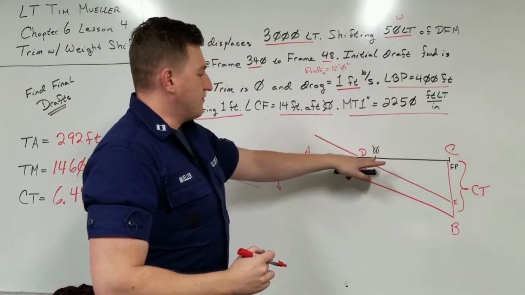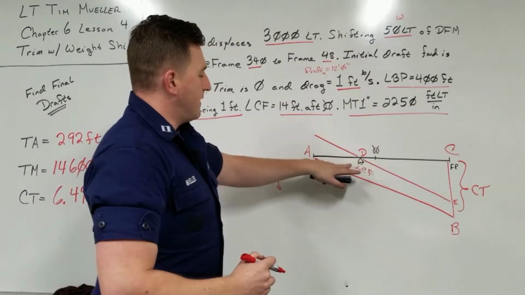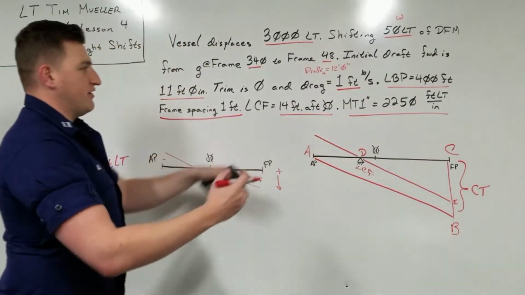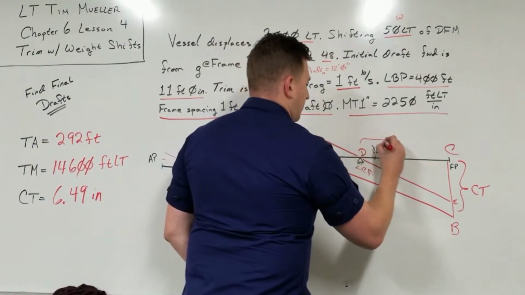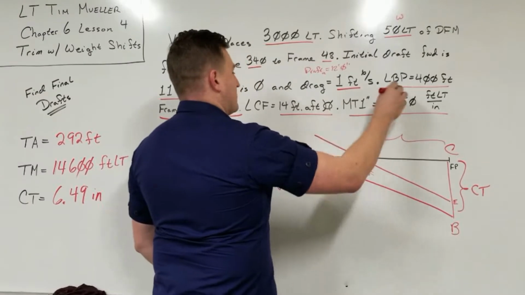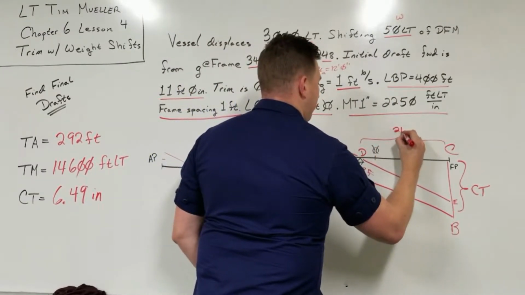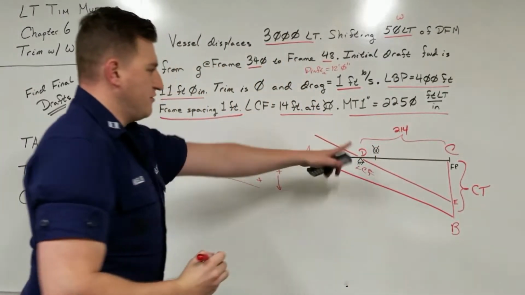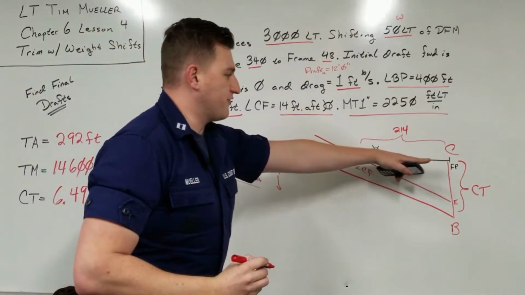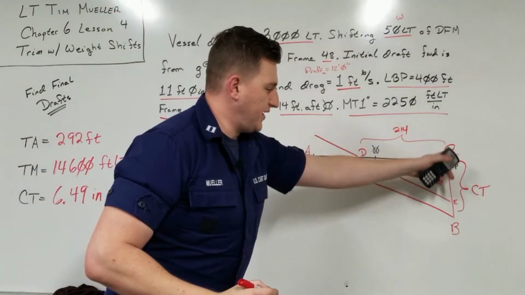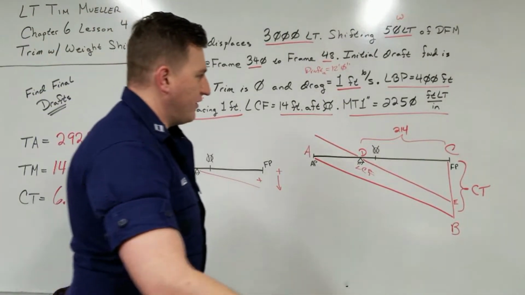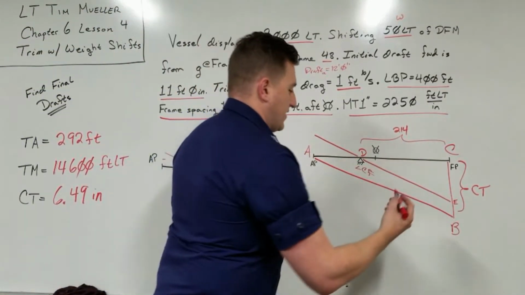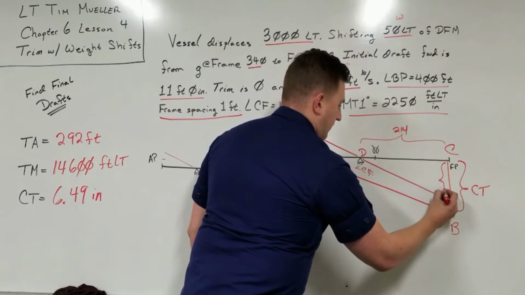So this frame here is 200, and then the LCF is just 14 feet after that. So this distance here is 214. The overall length is 400. This CT right here is 6.49 or 6.5. All we're looking for is this right here, CE.